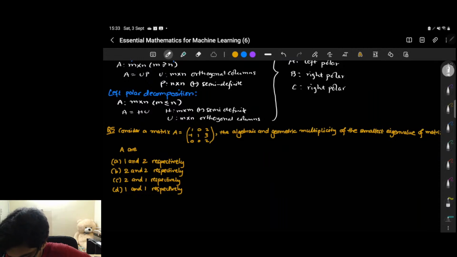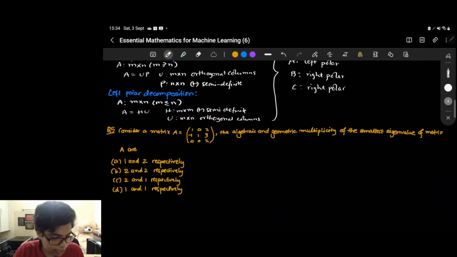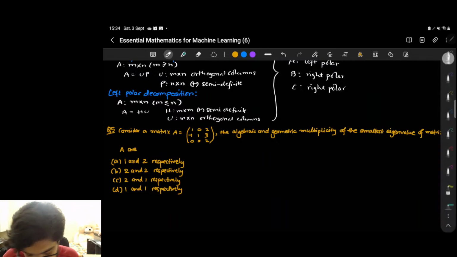So coming to the next question. We have a matrix A given as follows, and we need to find out the algebraic and geometric multiplicity of the smallest eigenvalue of this matrix. So first we need to find out the eigenvalues and then we need to find out the eigenvectors. So let us start.